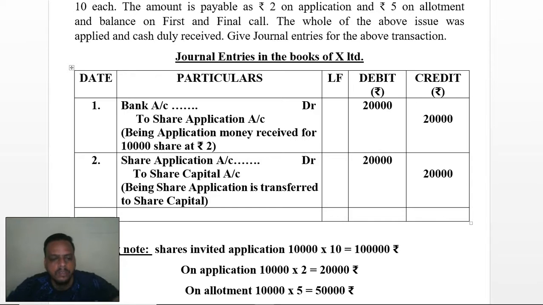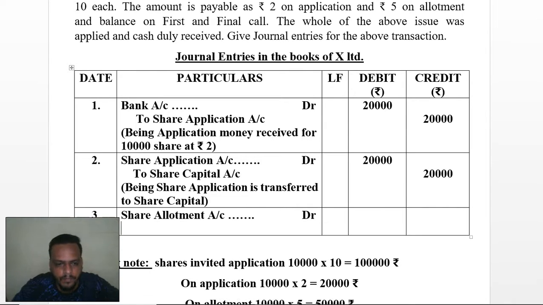So here the next entry will be point number 3. In that we will first transfer and then we will receive the amount. So what would be the entry here? Here the entry will be share allotment account debit to share capital account.